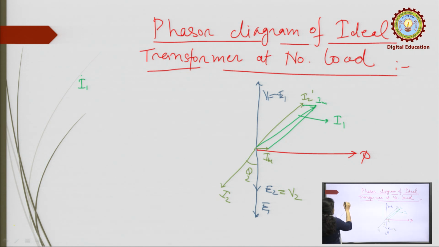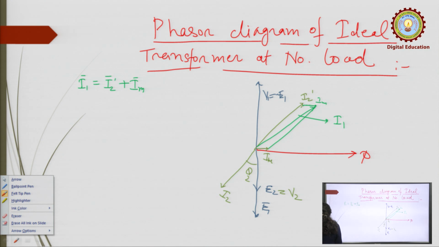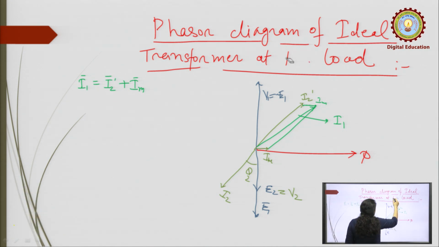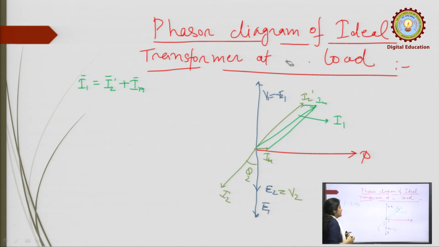That means I1 is the phasor sum of I2 dash plus Im. Okay. And this is the phasor diagram of the ideal transformer at, sorry, not no load, it is at load, at lagging load, because we have taken Z2 as inductive. We have taken theta 2, meaning the current is lagging the voltage. So it is a kind of lagging load.